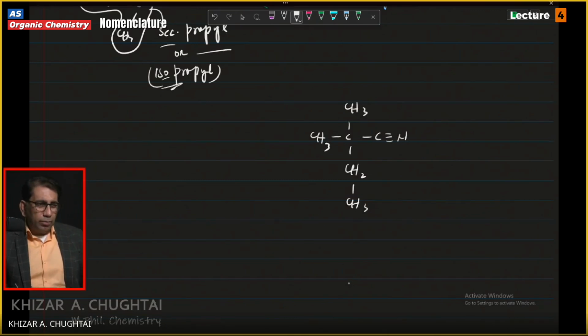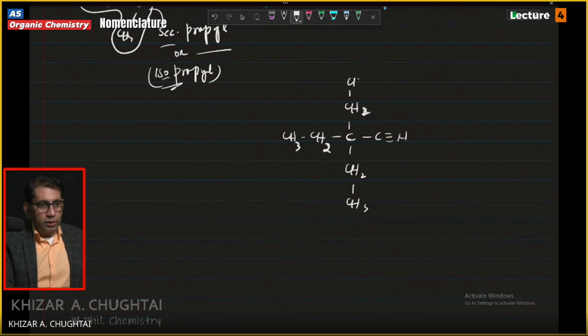Now it's almost similar to the above example. At the moment I don't have any example in my mind. So, can you give the name? Yes, I can change it a little bit. CH3, CH2, and CH2 and CH3. Yes, we can change a little bit. And what is the name of this compound?